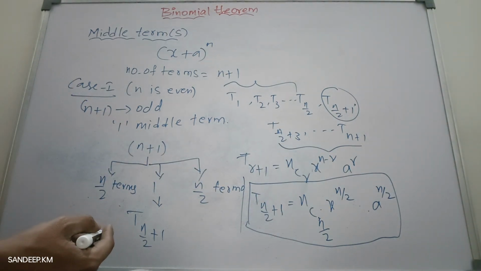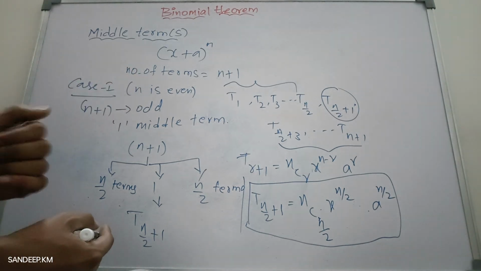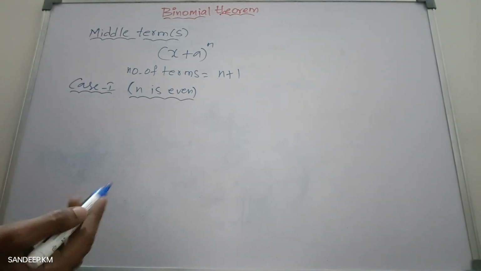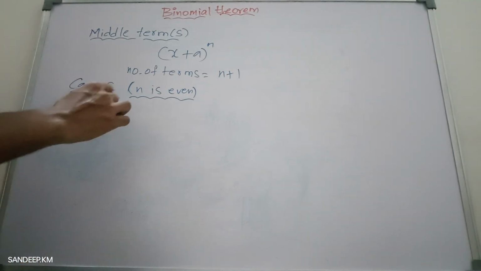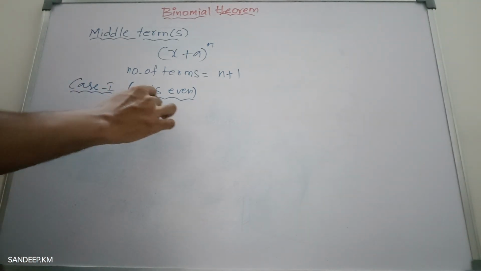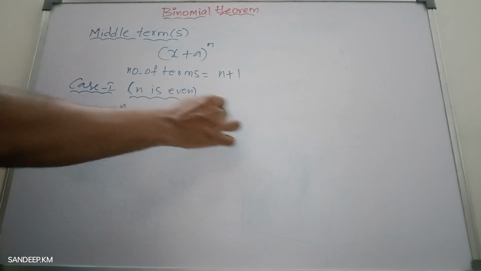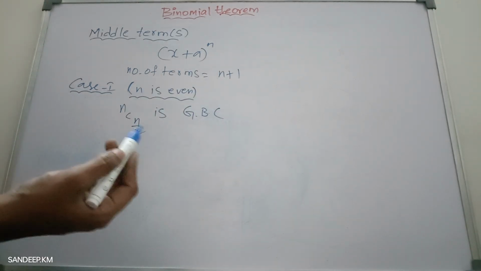Right? And next, what is the greatest binomial coefficient if n is even? We will see that also. Let us talk about the greatest binomial coefficient. Obviously, if n is even, nC(n/2) is the greatest binomial coefficient. What is the meaning of it?